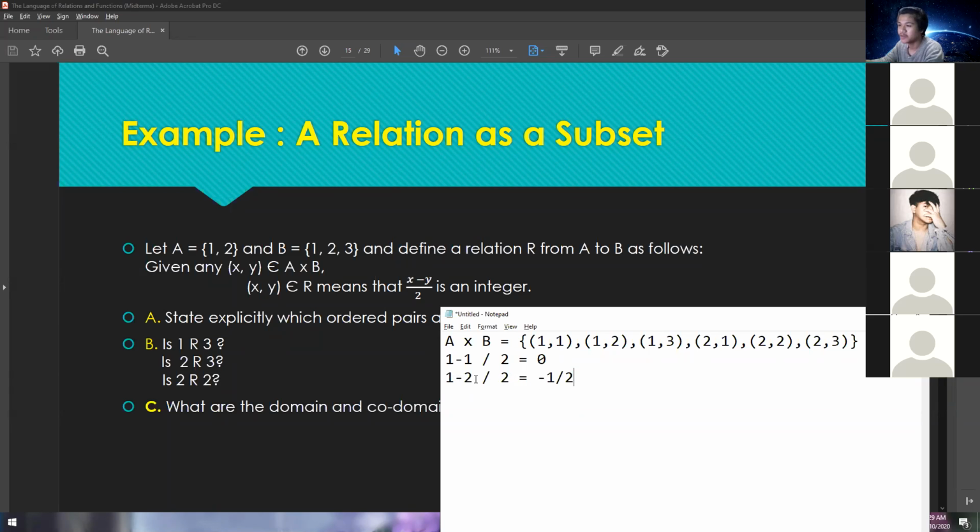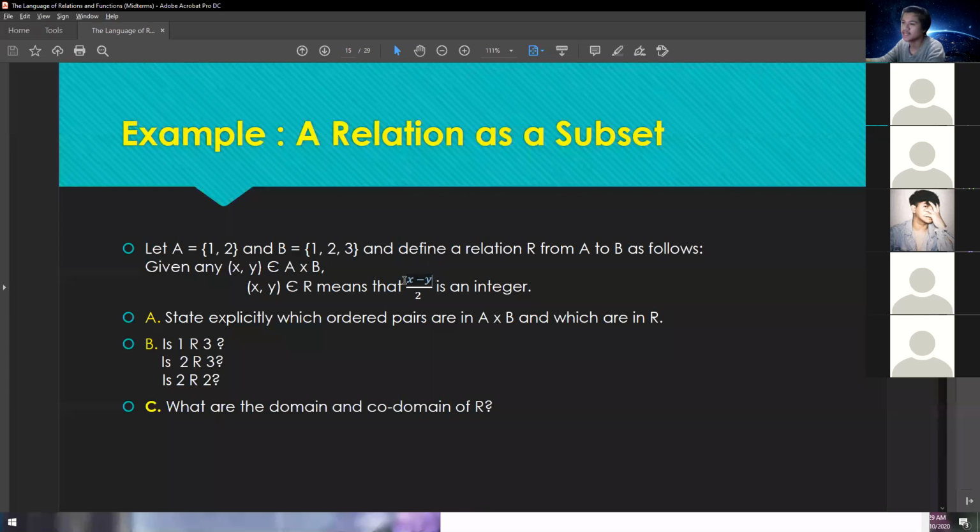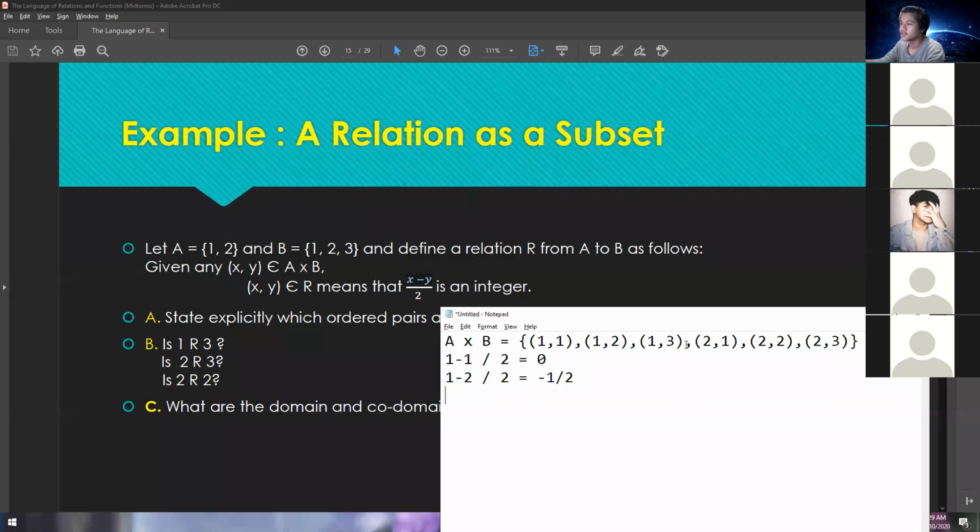The first thing you should calculate is the numerator, before the denominator. Sorry, you can't see it very well because we are using a snowpad. So how about this one? 1 minus 3 divided by 2. 1 minus 3 is negative 2, divided by 2 is negative 1.